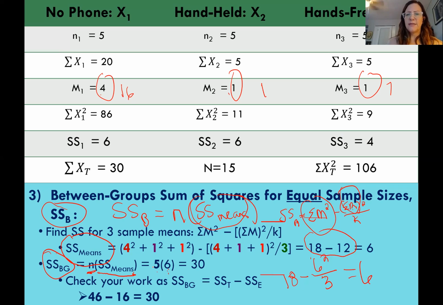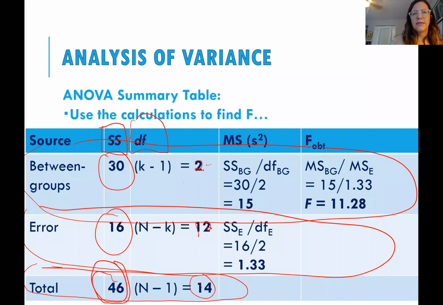So we multiply 6 times 5, and that's 30. And that's our between groups sums of squares. So there's a couple different things we can do. We can make sure that we're calculating things right by taking 16 from 46, and that should get us 30.